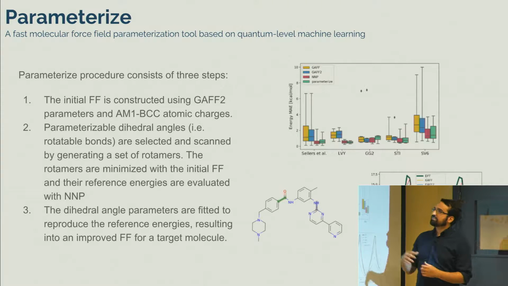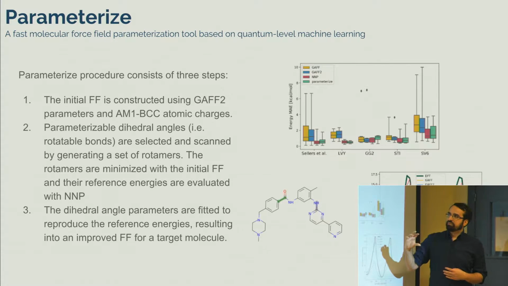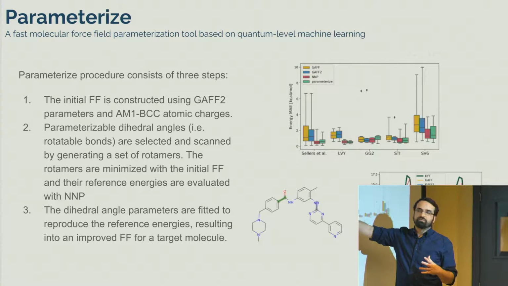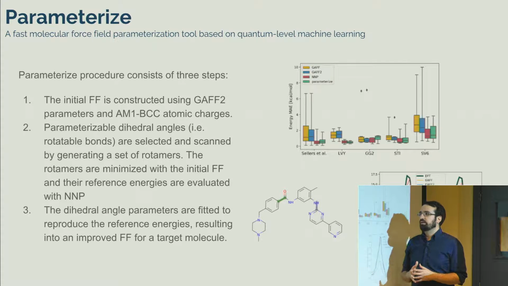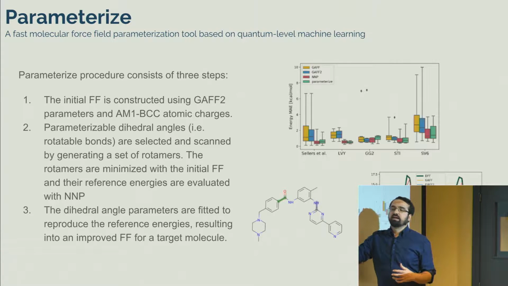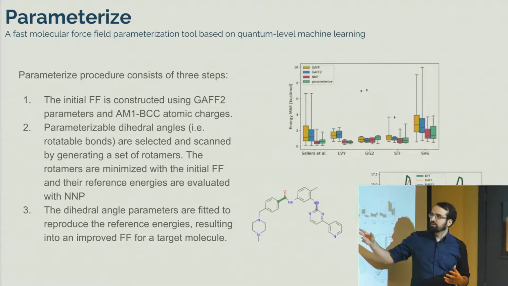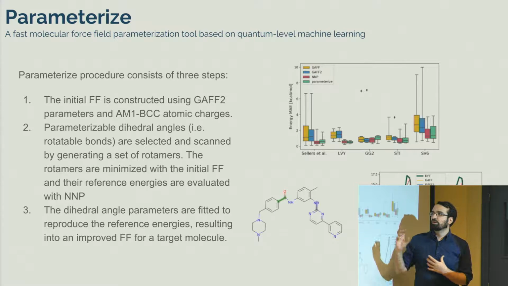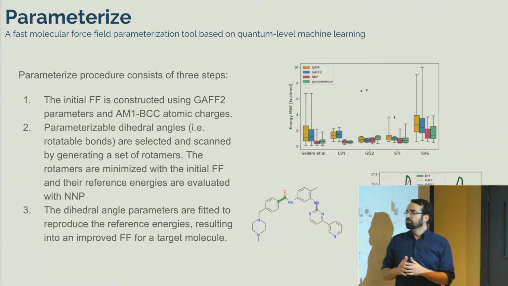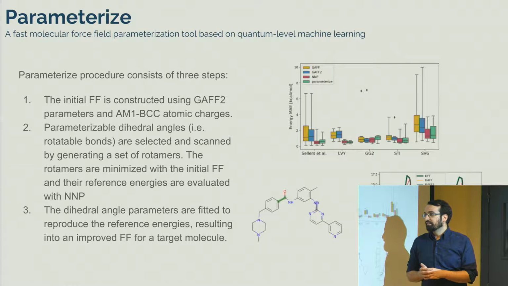This tool consists of 3 steps, where we first start with some basic parameters, and then we can parameterize some of the most interesting parts, which are the dihedrals, because this is one of the more problematic parts. Dihedral angles are poorly parameterized by default.